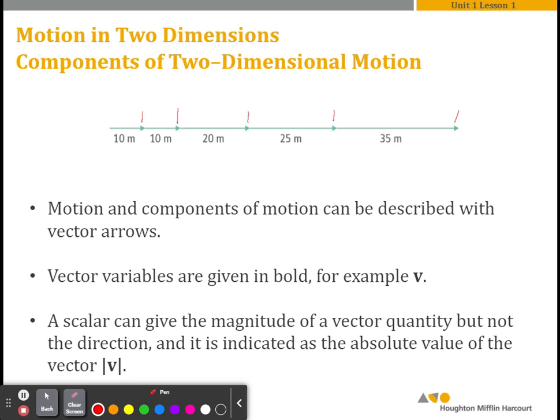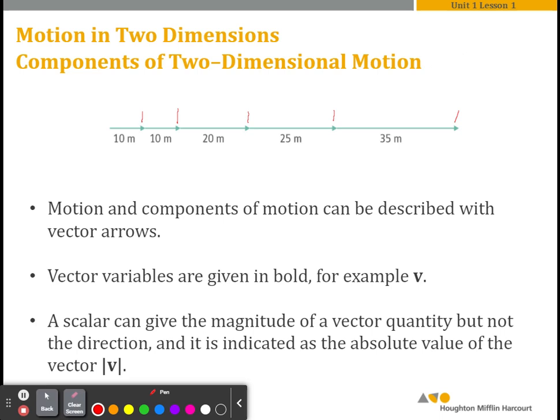We had a question in class that said, if the velocity of a runner is -6 meters per second, what is his speed?